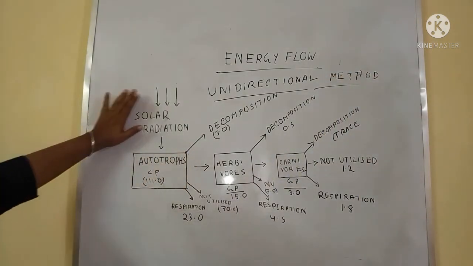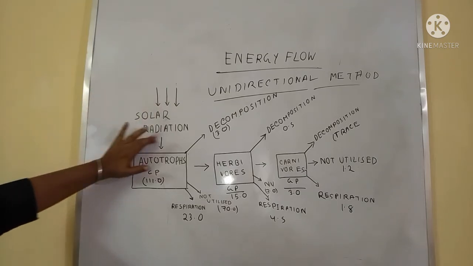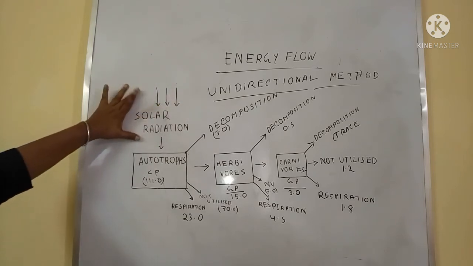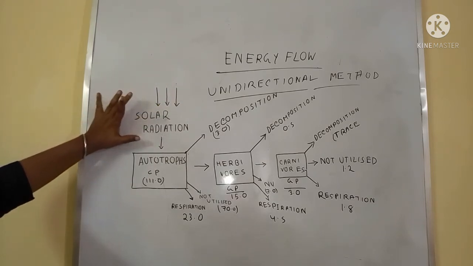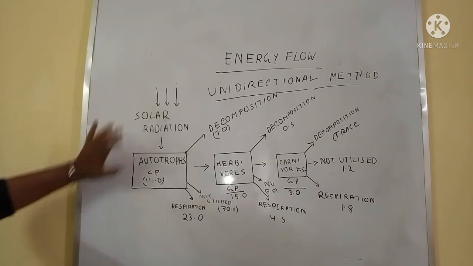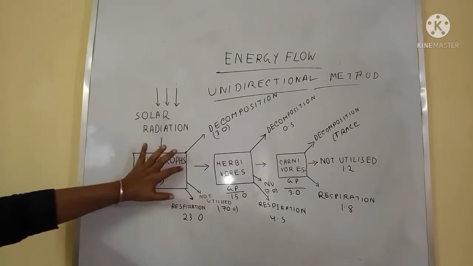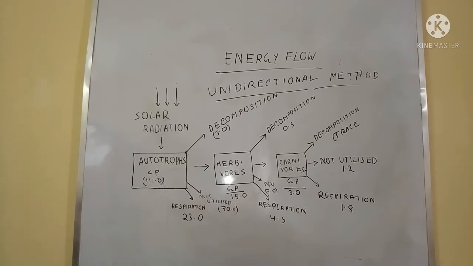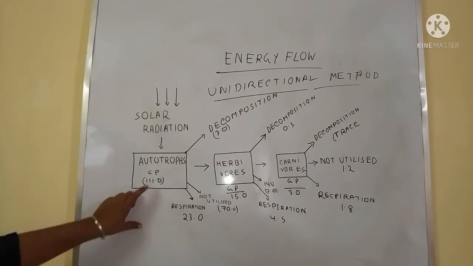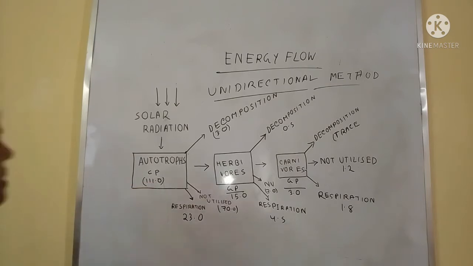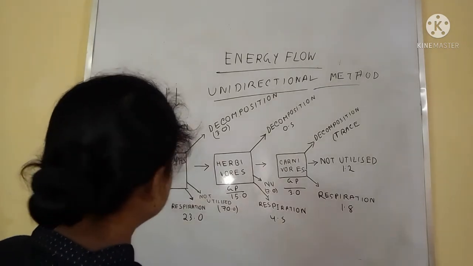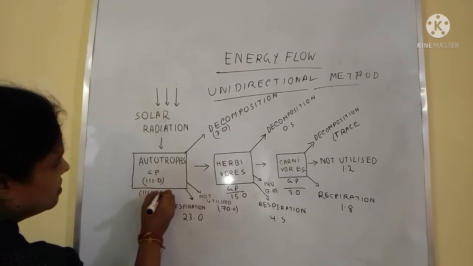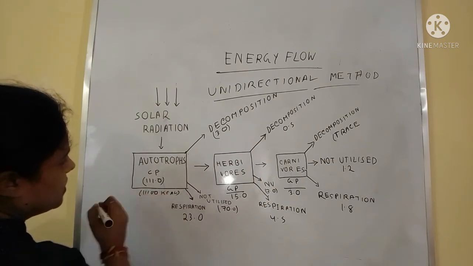You can see the maximum energy comes from solar radiation, but very little of it is taken by the autotrophs, that is, not 111 kilocalorie, I think it is 11100 kilocalorie.